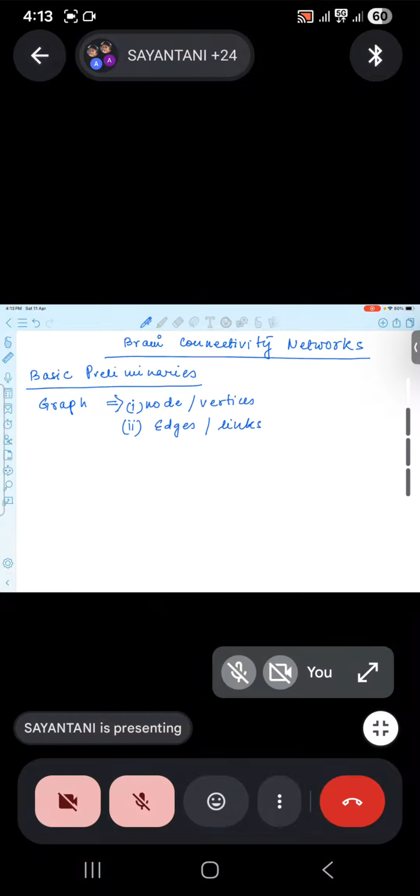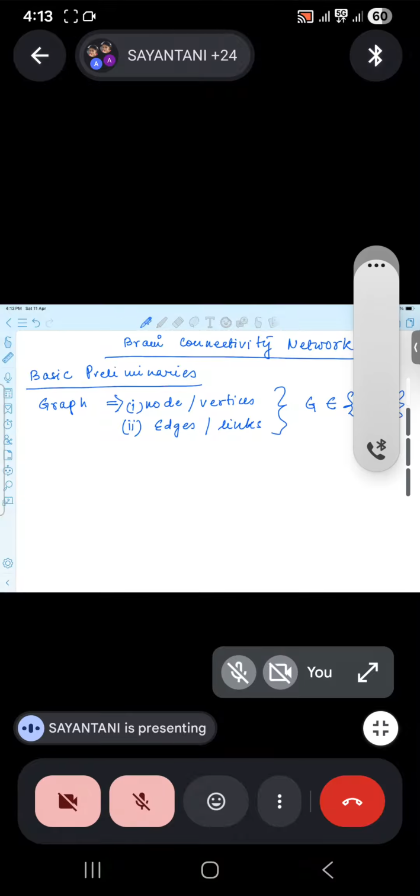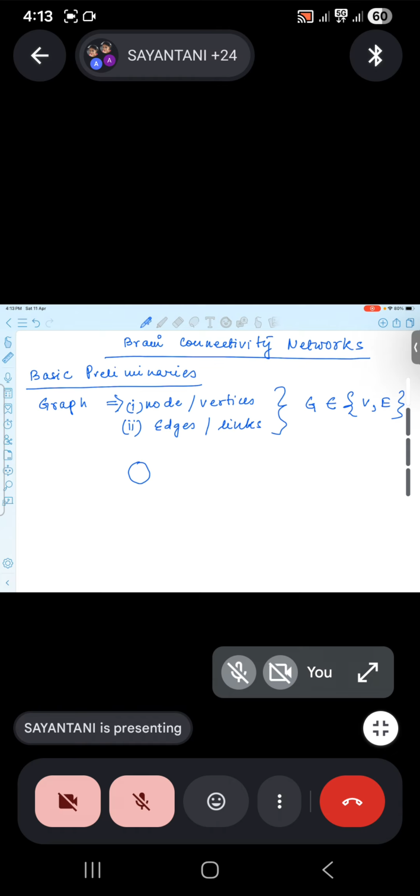So a graph G can be said to belong to a set of vertices and edges, right? Diagrammatically, how does a graph look? We can have a set of nodes like this. So these are your nodes or vertices, and the connections between these nodes are your edges or your links.